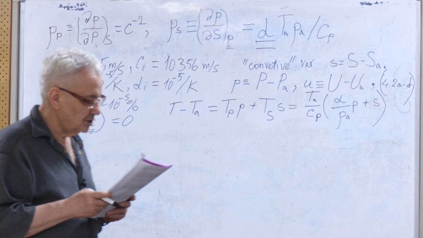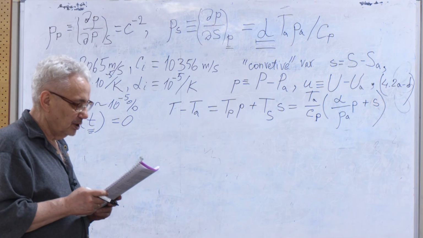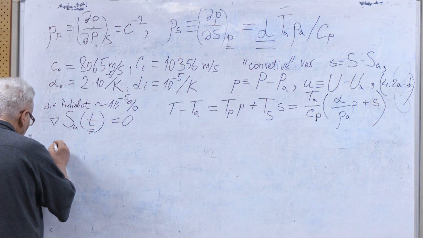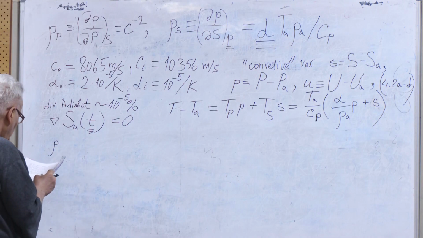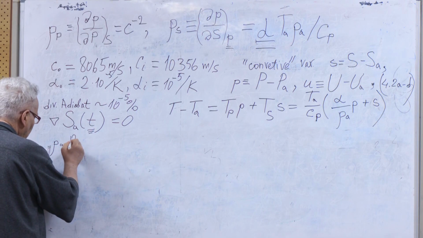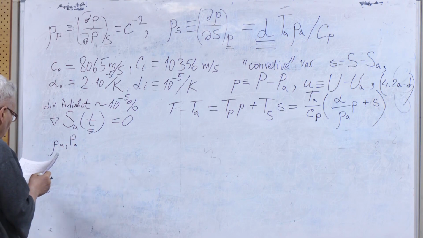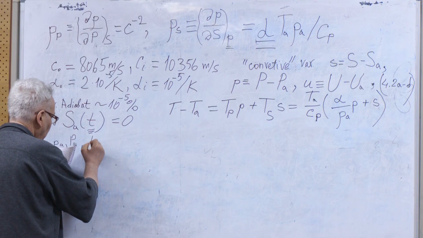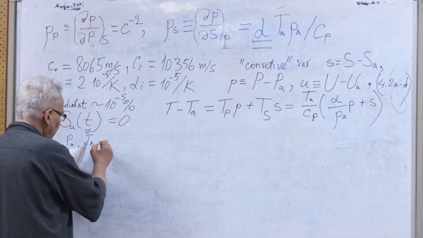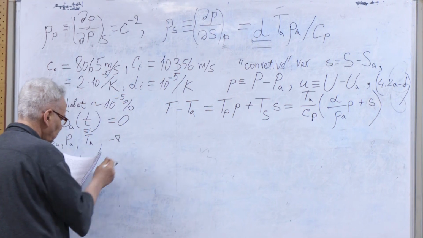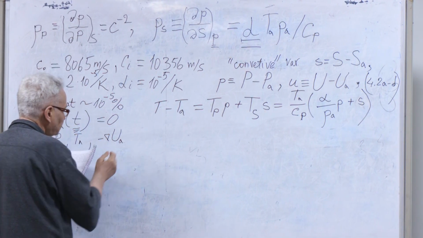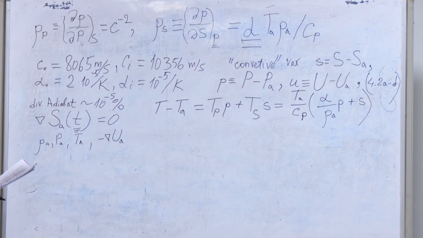So density, pressure, temperature, and gravitational acceleration still remain. There is adiabatic density, adiabatic pressure, adiabatic temperature, of course, and gravitational acceleration, which actually constitutes the gradient of the potential, also adiabatic.